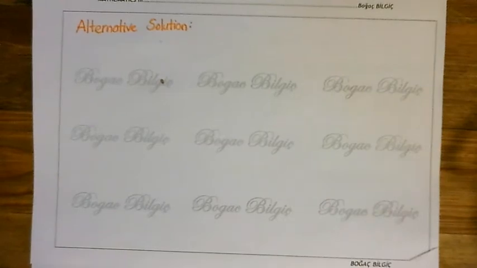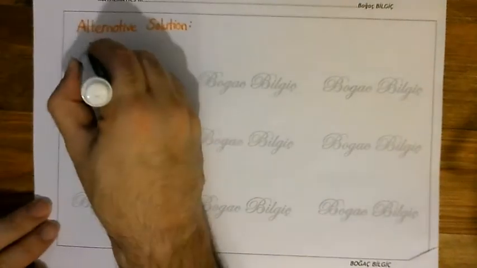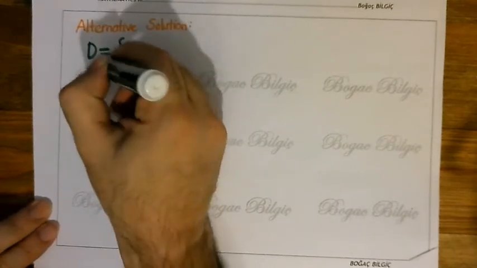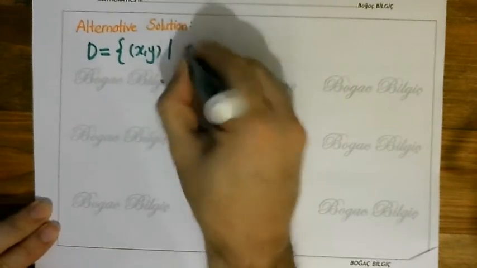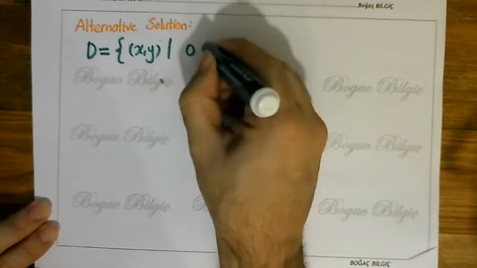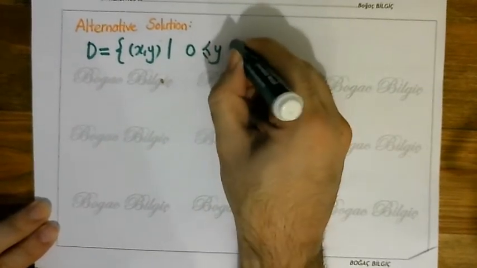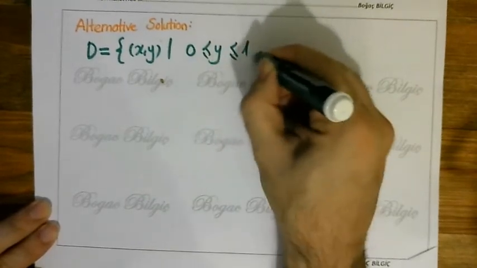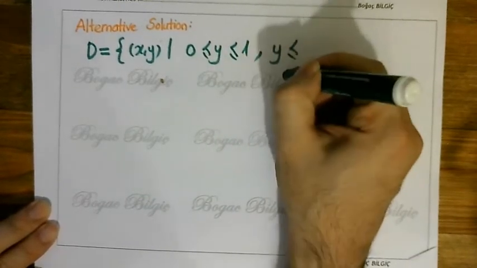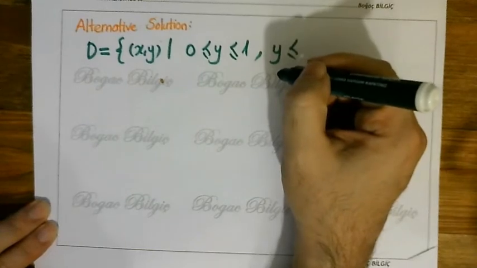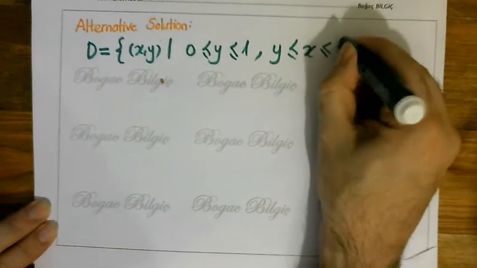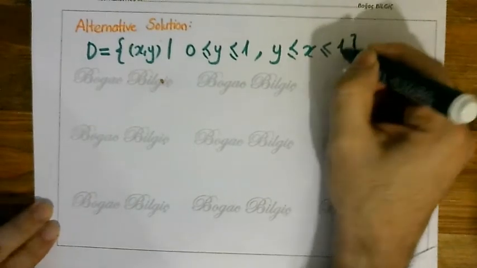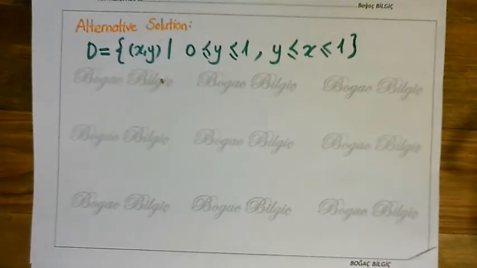We can view the region D as an x-simple region. D is the set of (x, y) such that 0 is smaller than or equal to y, which is smaller than or equal to 1, and y is smaller than or equal to x, which is smaller than or equal to 1.